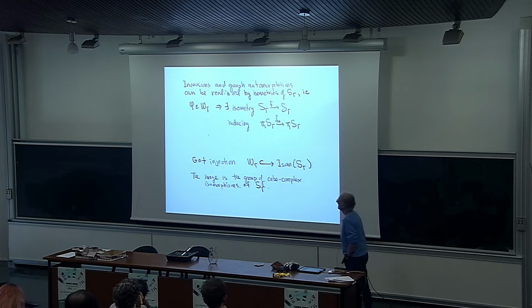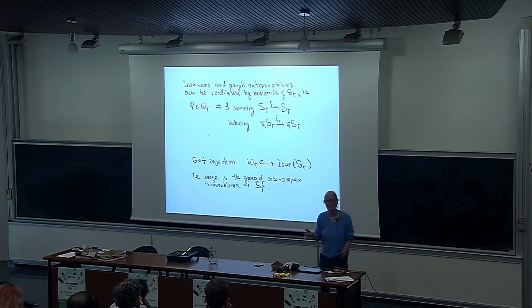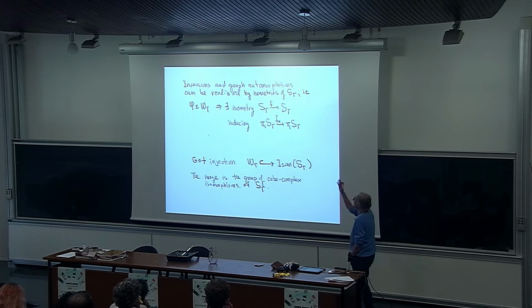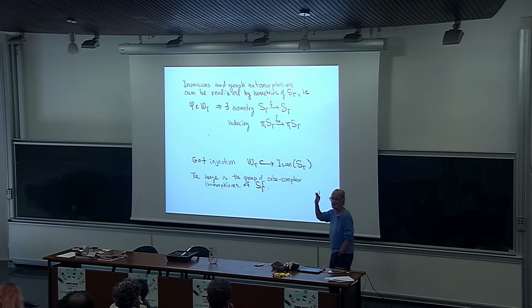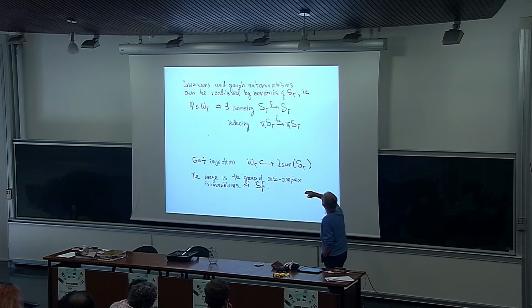Right. And we had this finite subgroup that sits inside of Out(A gamma), generated by inversions and graph automorphisms. But you can realize any such thing as an isometry of this space, S gamma.